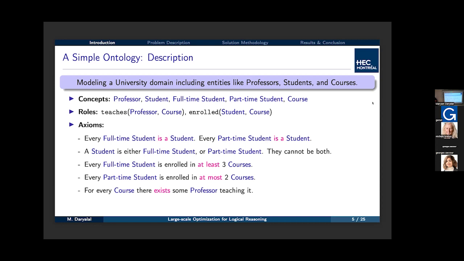For these general concepts, like a professor or a student, I have exactly this term that is called concept. So an ontology is built on the notion of a concept that represents special subclasses of the domain that we are talking about. In a university, the knowledge includes subclasses of this domain as professors, as students, as courses.